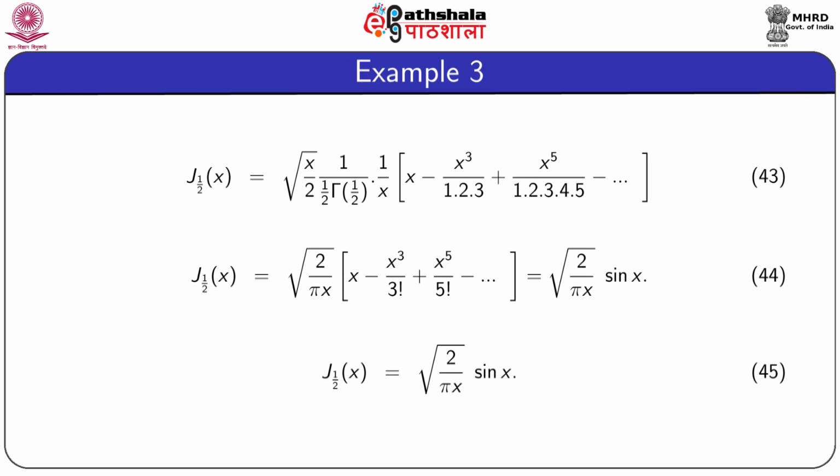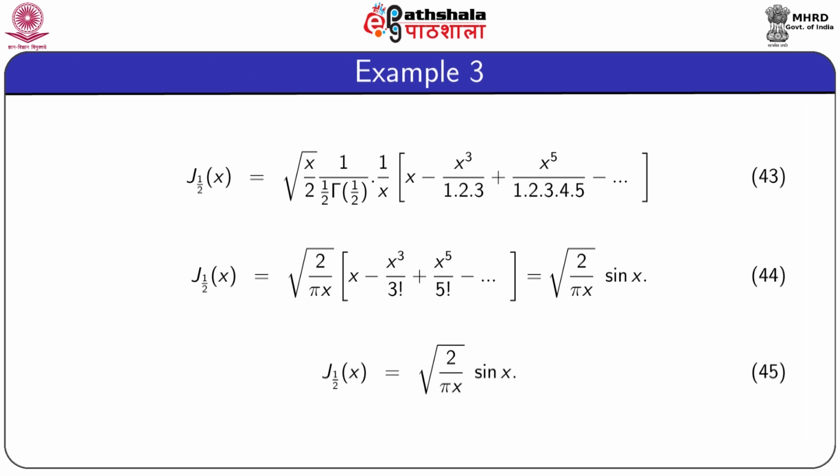If we simplify, we will get the expression J half of x is equal to square root of x by 2 into 1 by half into gamma half into 1 by x multiplied by x minus x cube by 1 dot 2 dot 3 plus x to the power 5 by 1 dot 2 dot 3 dot 4 dot 5 minus dot dot dot.